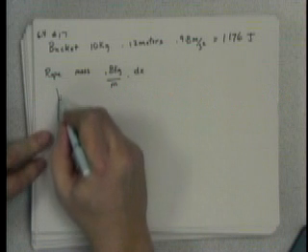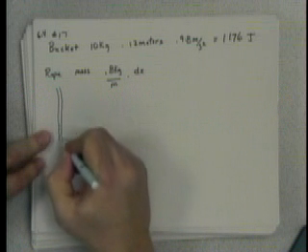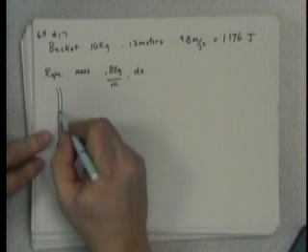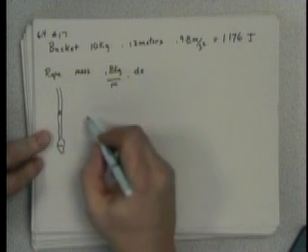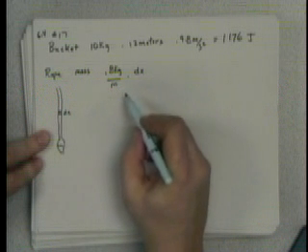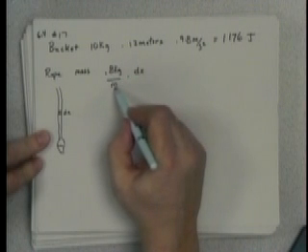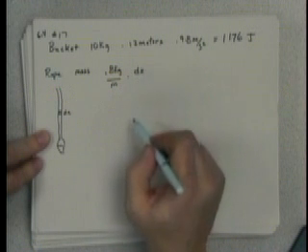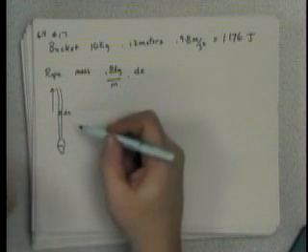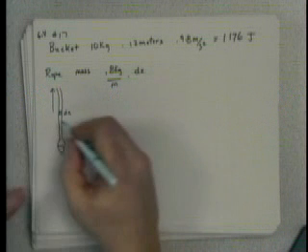If you picture the rope going down, and at the bottom there's a bucket, I'm taking a little slice of this rope, and the mass of that slice is 0.8 kilograms per meter times my dx. How far it gets lifted depends on what I define as x.